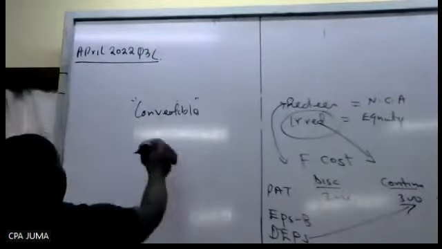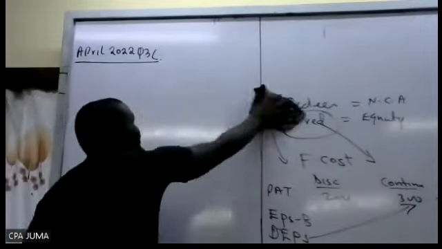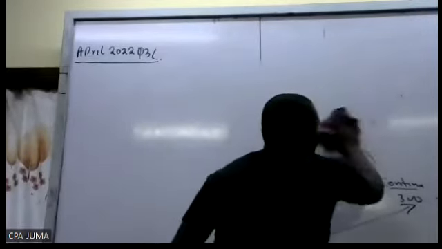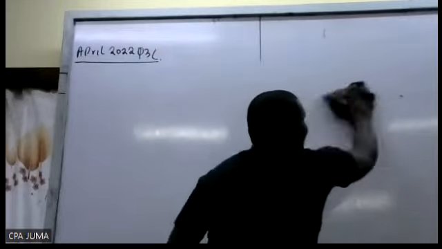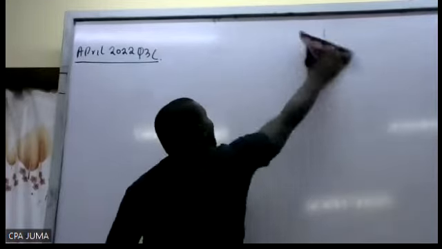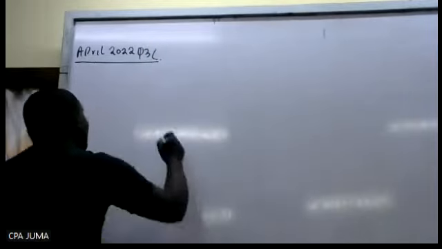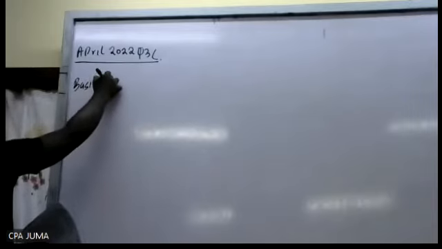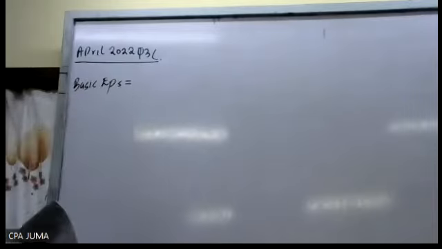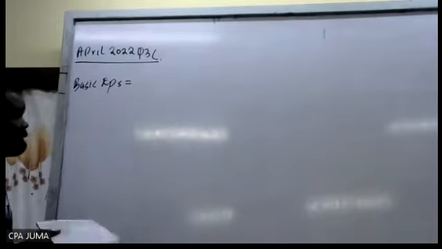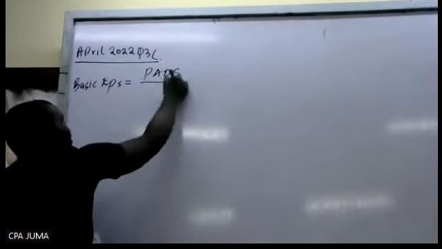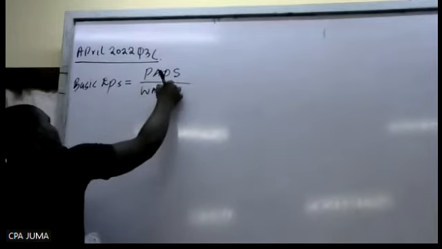Assuming you are there last sitting, what happens? So basic EPS: you take the profit attributable to ordinary shareholders, you divide by what?